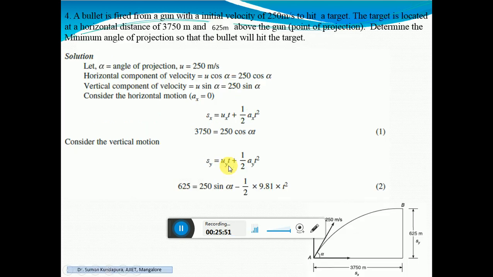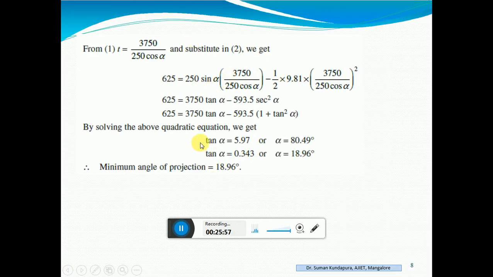So they have asked you the minimum angle of projection. So write the smaller angle as the minimum angle required. Okay. So similar one more problem in detail I have solved in the subsequent slides. You may check the formulas from there.